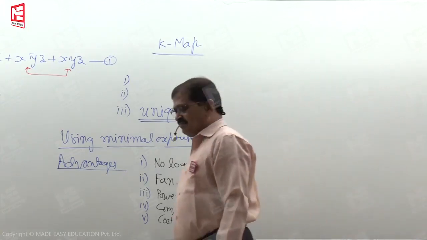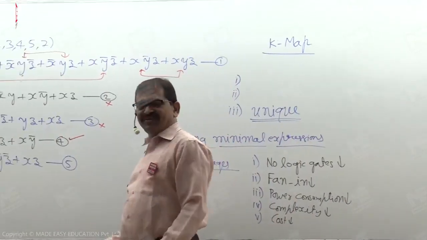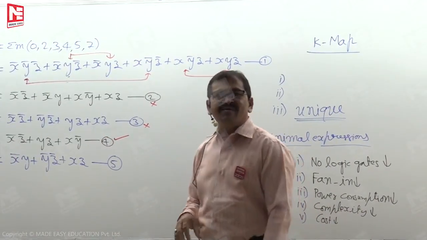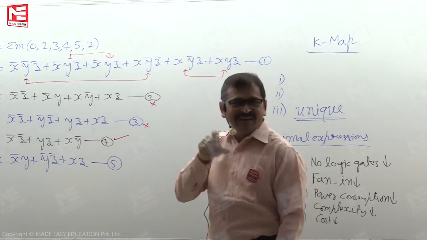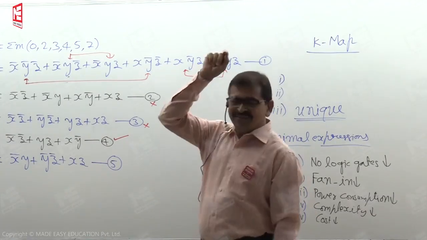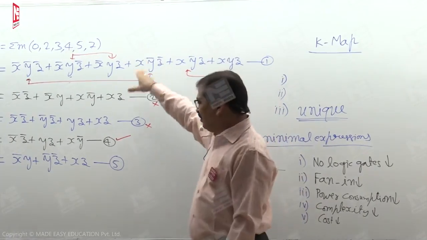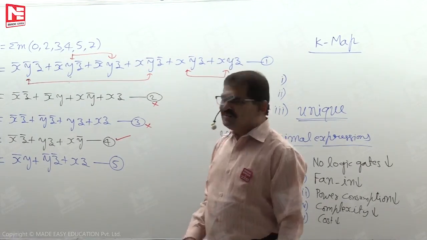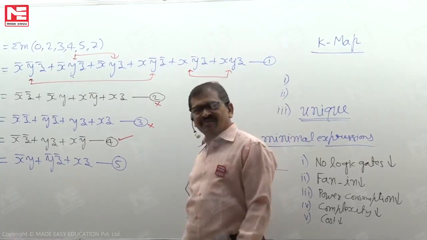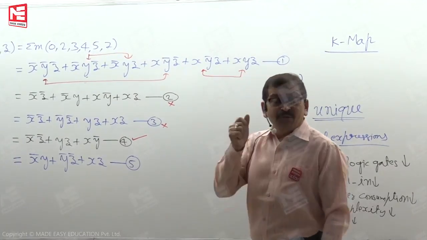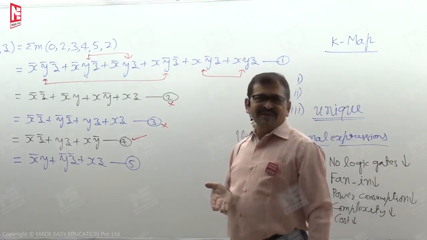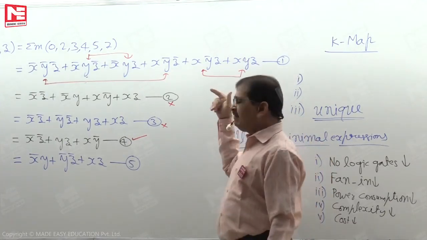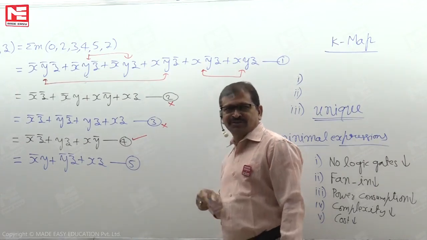So now if you look, our concern while giving this question was: what difficulties do we have in reaching the simplified expressions using properties? We took that question, and to understand it and to answer it, we did this problem. So with this question, what we understand is that if we try to reach the minimal expressions using Boolean algebra properties, first of all, there is no guarantee that we will reach the minimal expression.